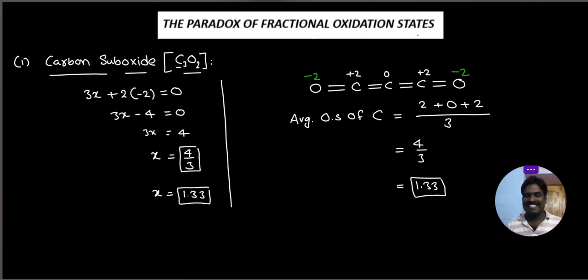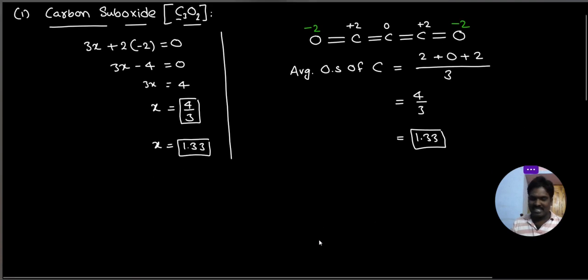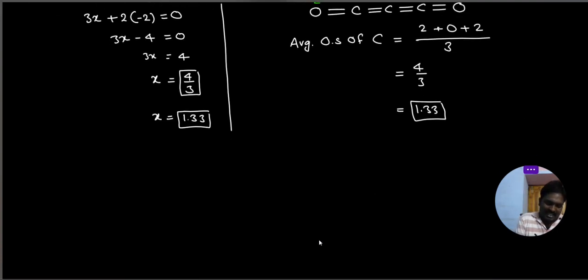Like asking the question: what is the oxidation state of the middle carbon atom in carbon suboxide? 0. Individually asking. That's why structure is very important. Based on structure, identification of oxidation states is very important. Clear? So now coming to the second structure.